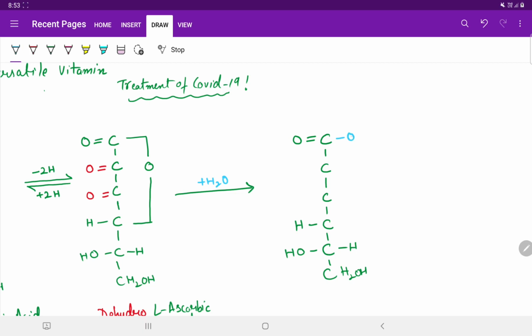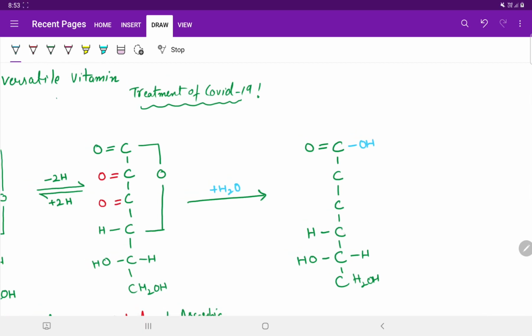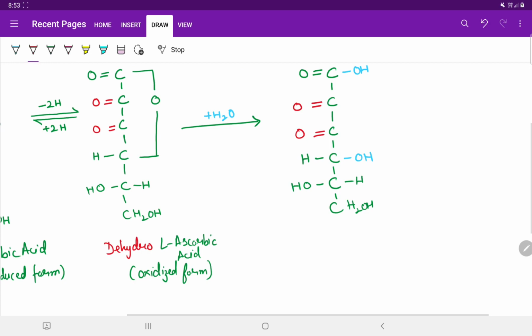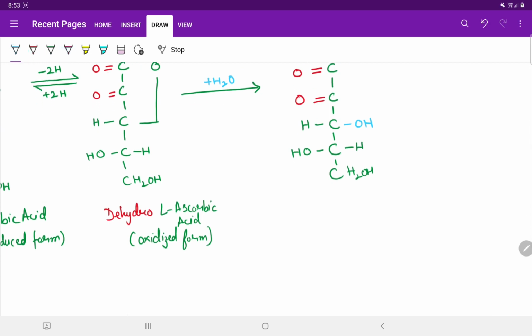So now the addition of a water molecule is here, that is represented by blue color. So this is known as the diketo L-gulonic acid.